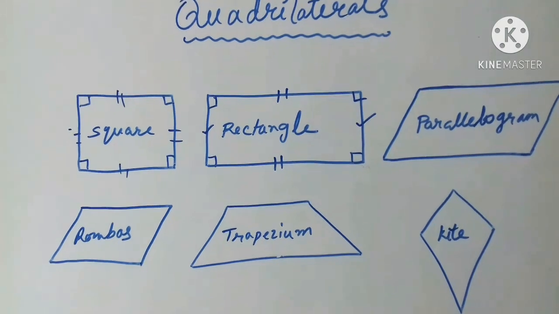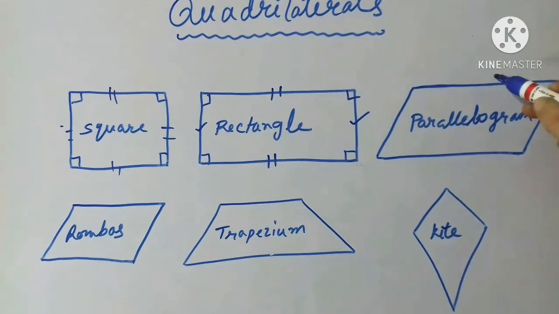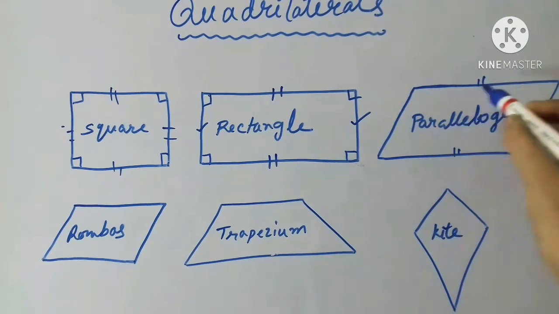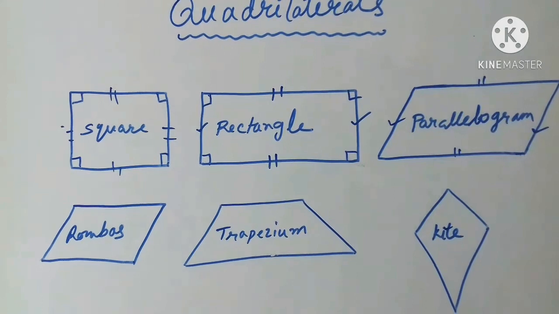Next I am coming to parallelogram. For parallelogram, opposite sides are equal, means this side is equal to this side and this side is equal to this side. Angles are not right angle.